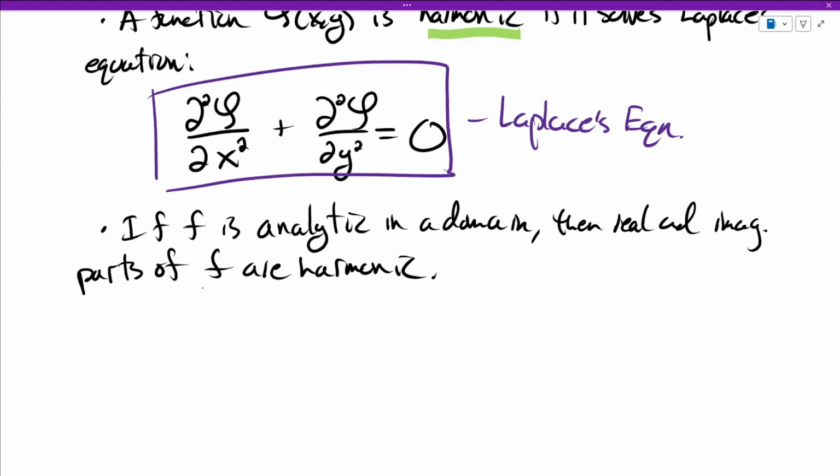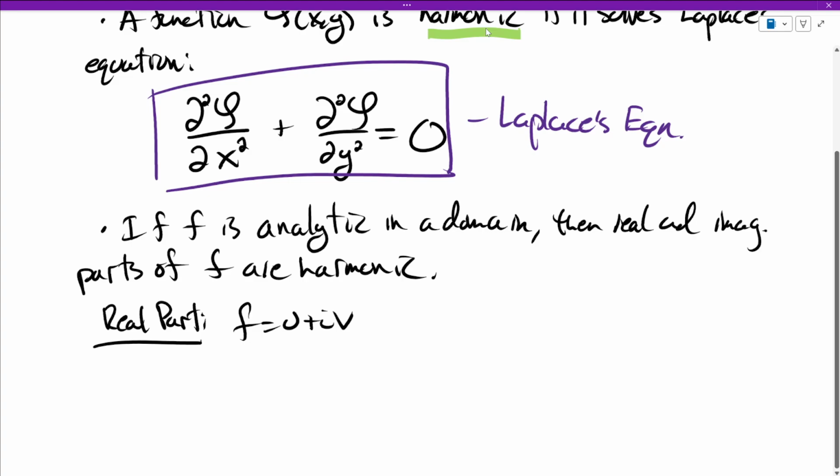Both of the checks are similar, so I'm just going to do the real part. So f is u plus iv, and we're going to check u. Let me remind us that being analytic tells us we have access to the Cauchy-Riemann equations, which tell us ux is negative vy and uy is negative vx.